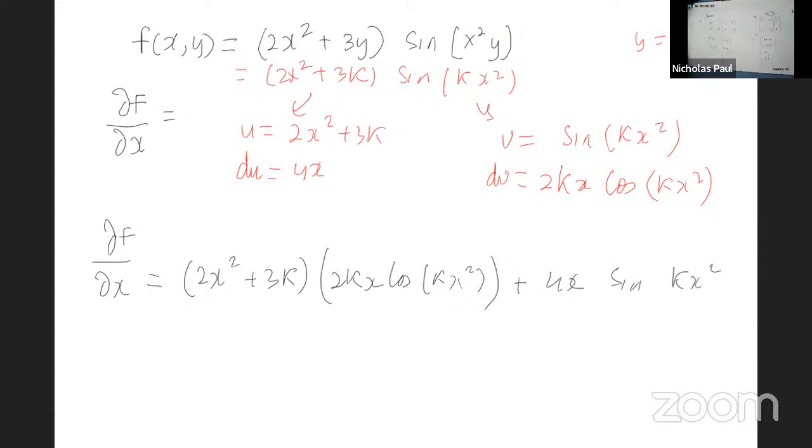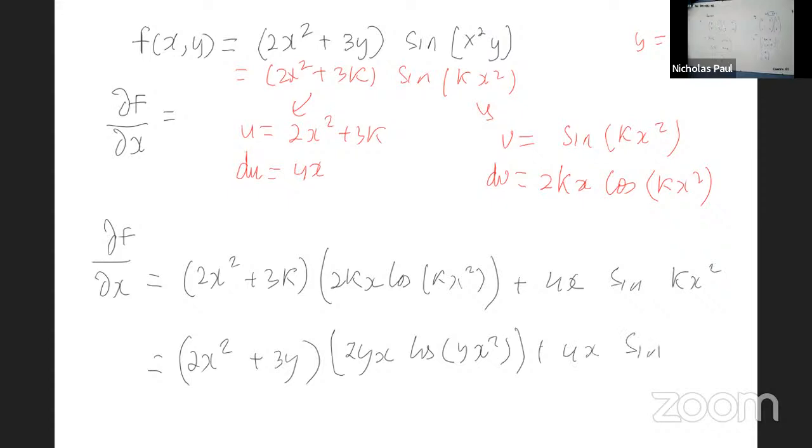Of course, k is y, so we could just put it back. So that's 2x squared plus 3y, times 2yx cos yx squared, plus 4x sine yx squared.